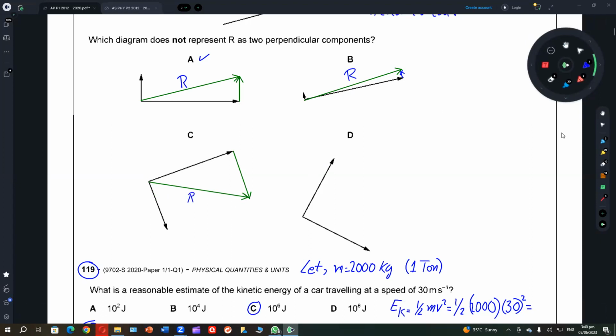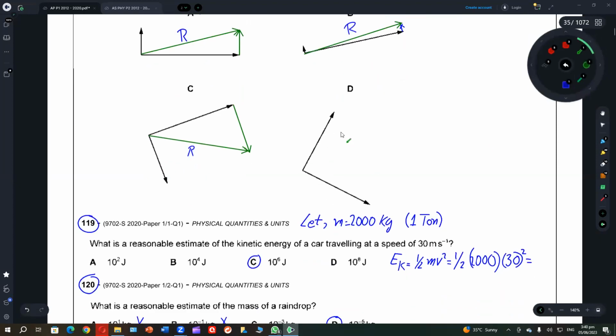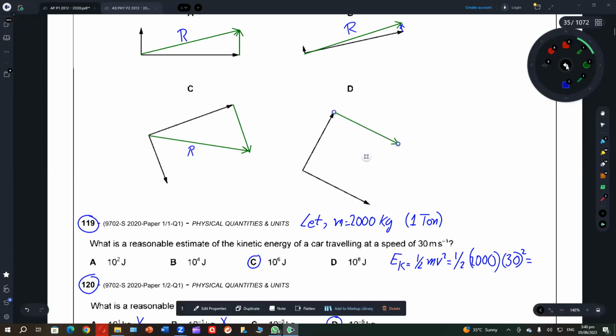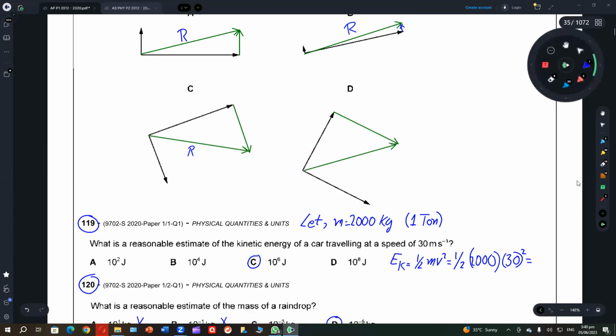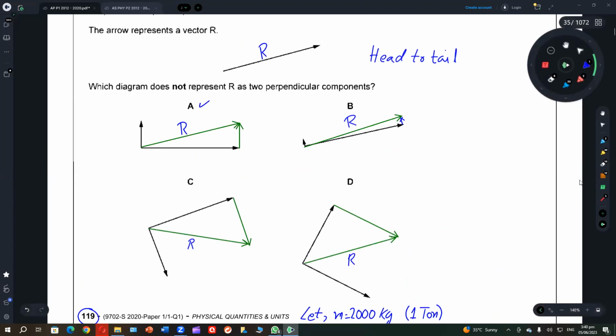C is looking off. Now I have made all of them, and the diagram you have to compare it with the R given in the question.